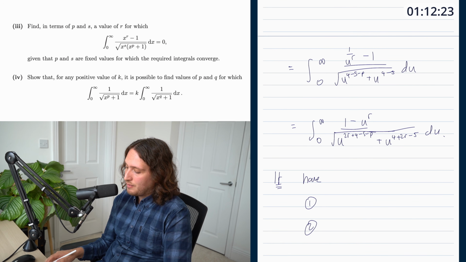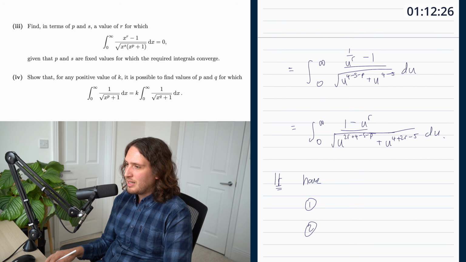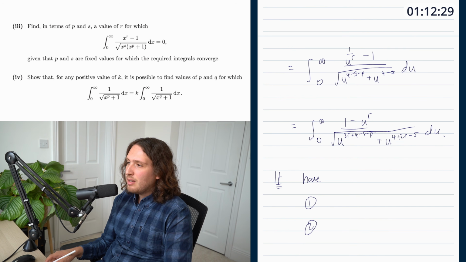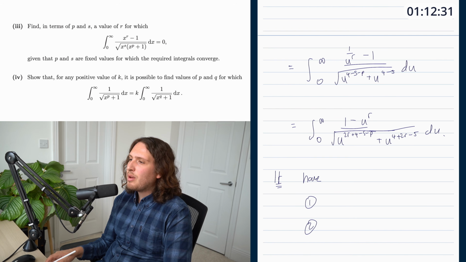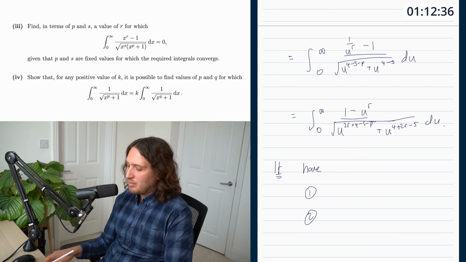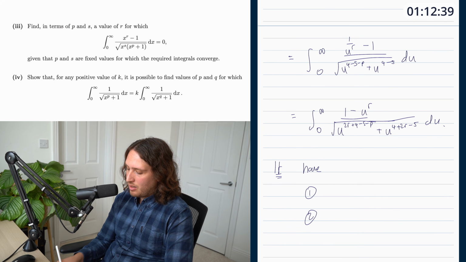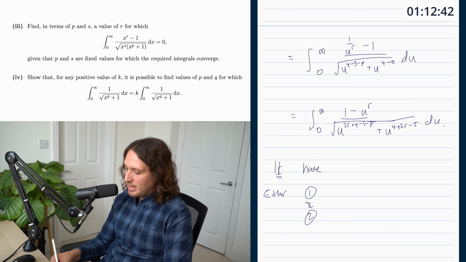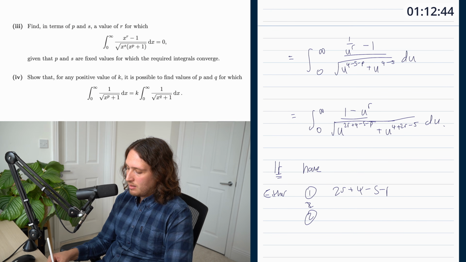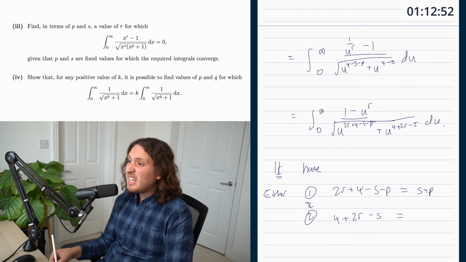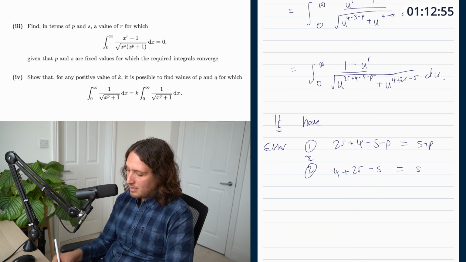declare that it's minus itself. So I need one of the powers to be 0 because I wanted... Oh no, I'm sorry, that's not quite true. I want one of them to be s and one of them to be p minus s. So I could have either that this one is s plus p, and this one is s, or I could have the following pair.